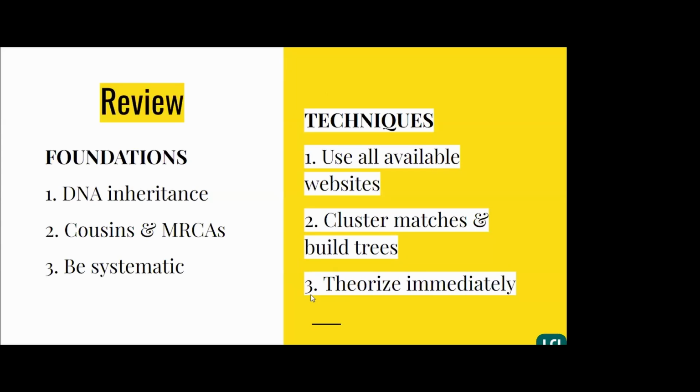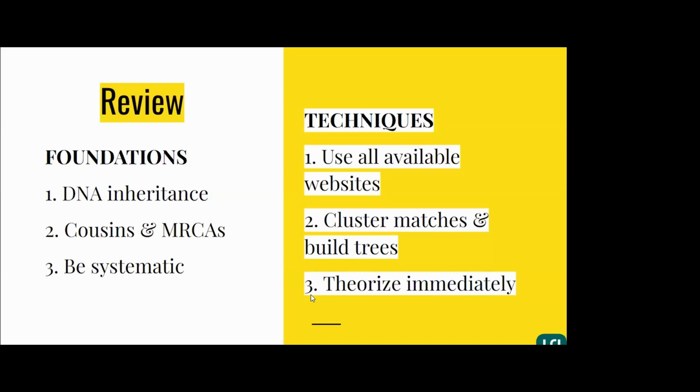So as a quick review, before we get into questions, here's what we looked at today. There are some foundations that are very important to understand when you're using DNA to identify an unknown parent or grandparent. Knowing a bit about DNA inheritance, the importance of identifying clusters of matching cousins, and then determining their most recent common ancestors. And then to keep your wits about you, having a system to hold on to or go back to really focus your efforts.